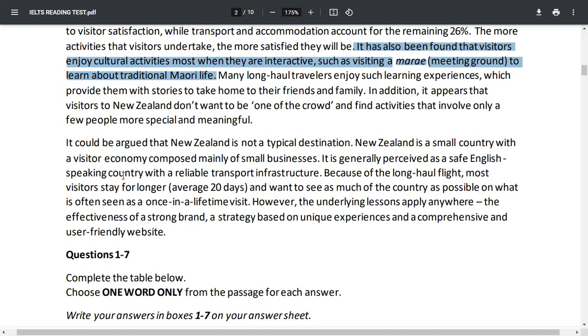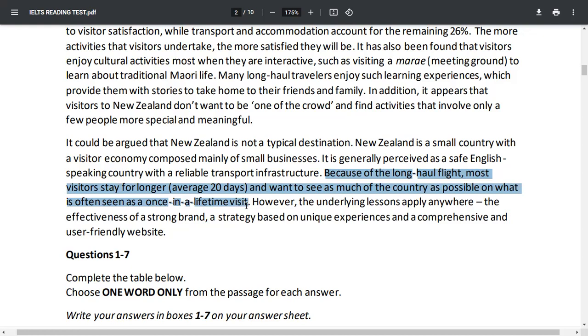It says: because of the long haul flight, most visitors stay for longer, average 20 days, and want to see as much of the country as possible on what is often seen as a once in a lifetime visit.